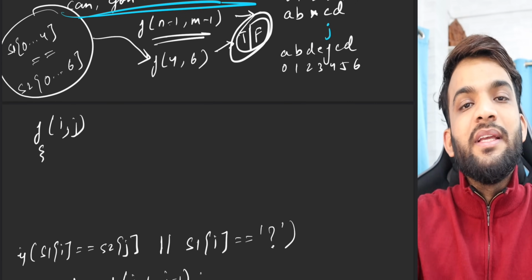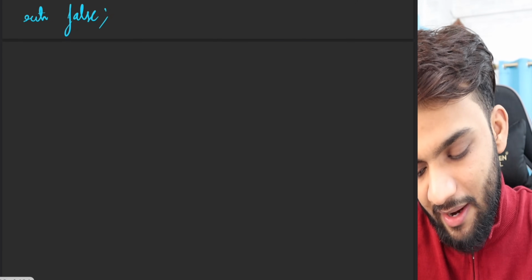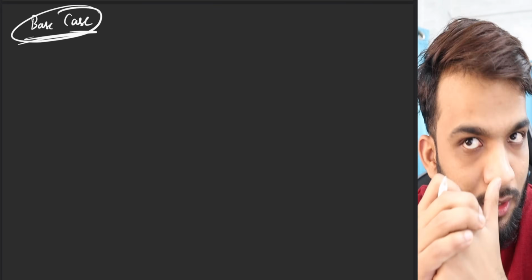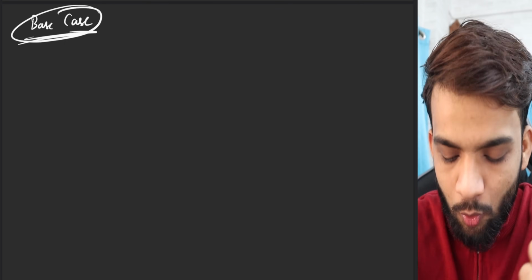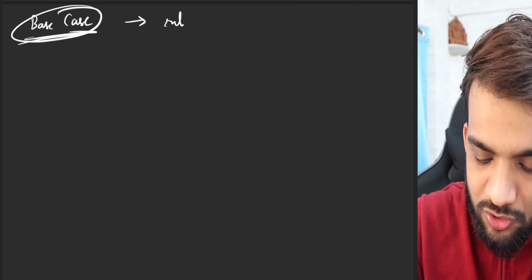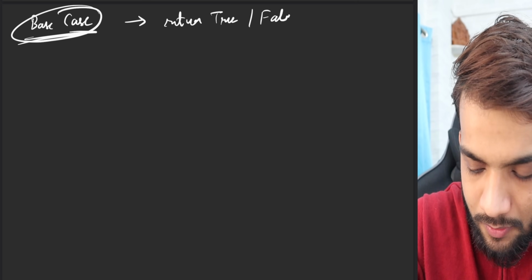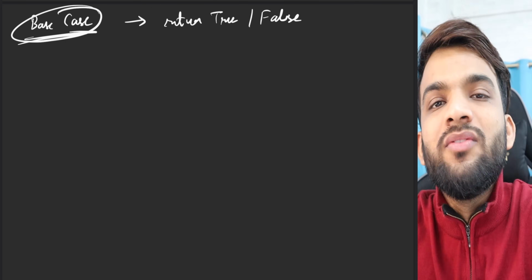Let's analyze the base case. What will be the base case? We have to actually think. We have to think out of the box over here. There is no other way. So I know the base case has to return true or false. And I know one thing for sure.